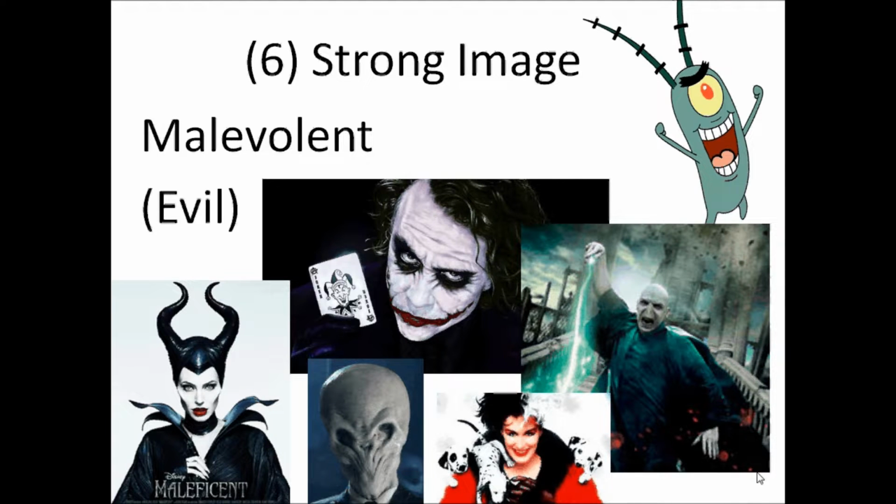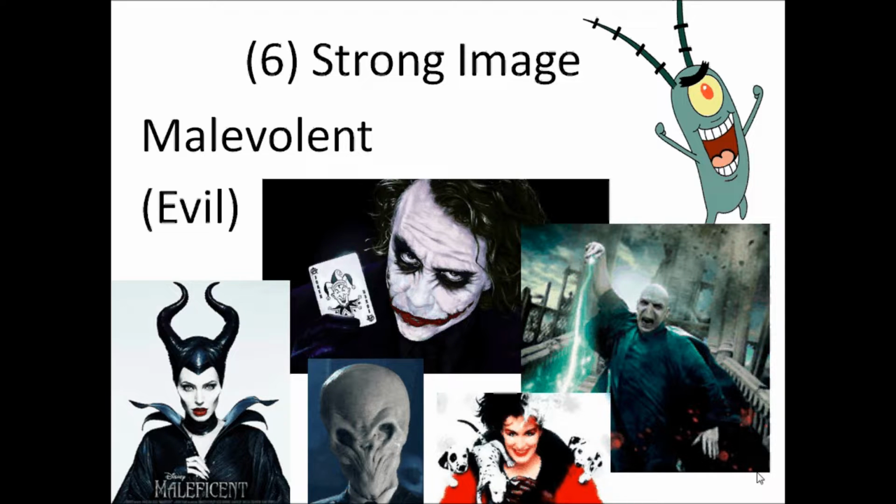So let's say we're trying to remember the word malevolent, meaning evil, and we just didn't see that valent sounds a bit like violent. We could think of our favorite supervillain and connect the word malevolent with that supervillain.